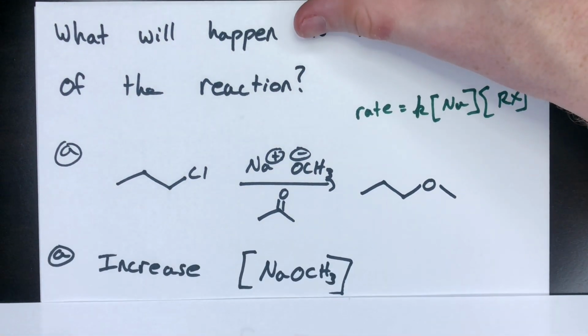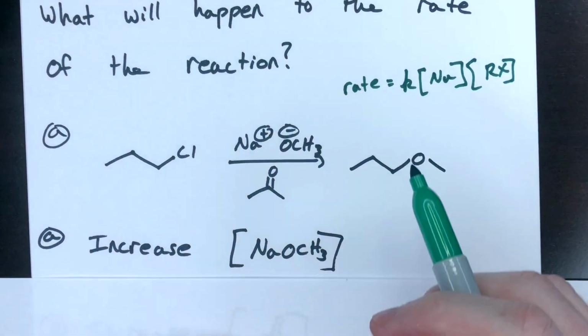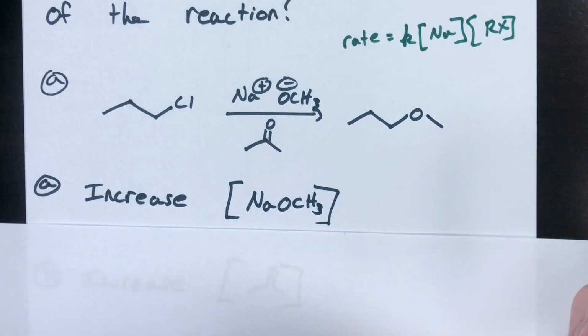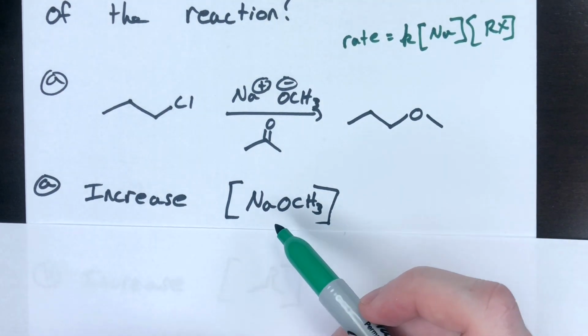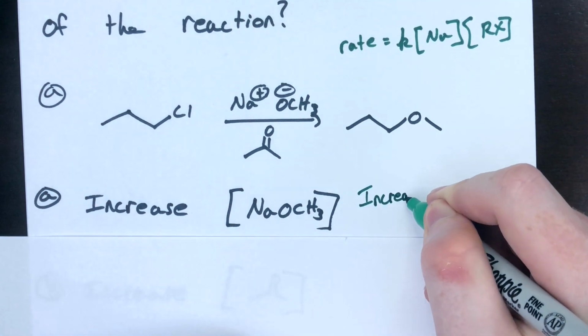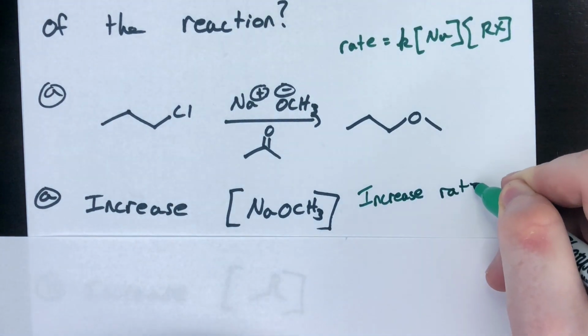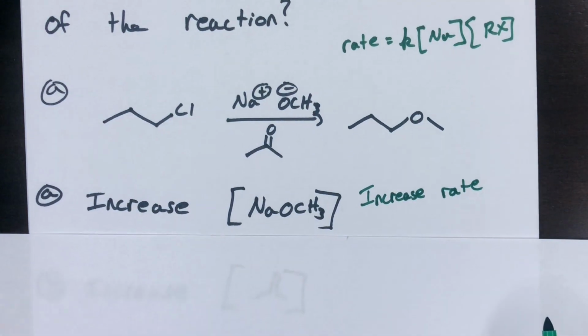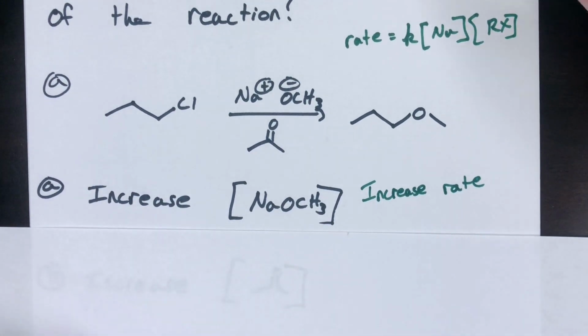So now if we look at a specific situation, we're saying that we're going to increase the nucleophile's concentration, NaOCH3, sodium methoxide. So this is going to increase the rate. Whatever amount we increase the concentration of this, it will proportionally increase the rate of the SN2 reaction.